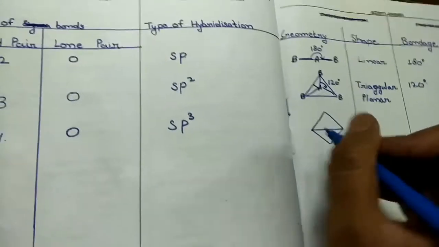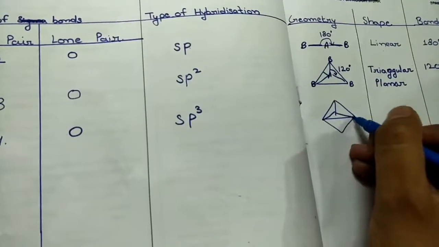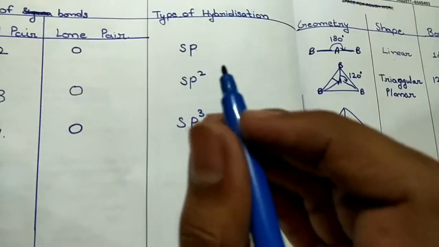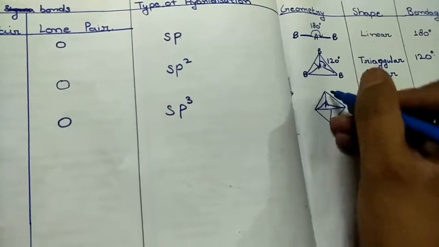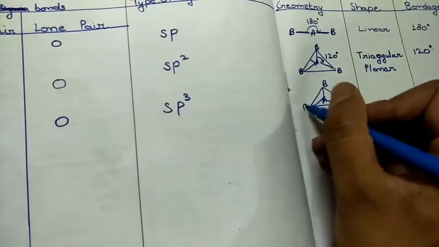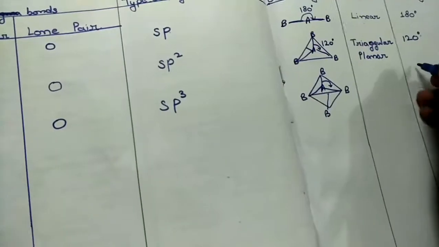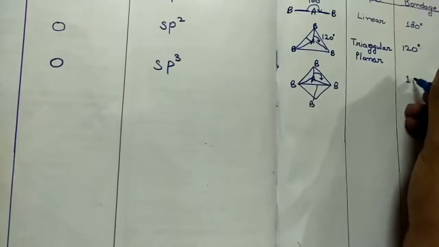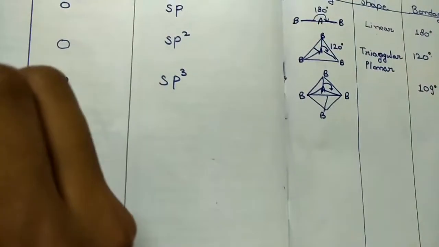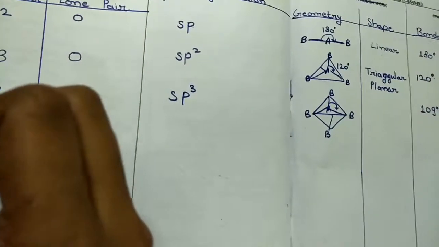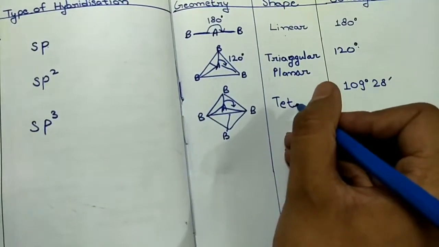Here A is in the center with B, B, B, B. The angle here is 109 degrees 28 minutes, and this shape is known as tetrahedral.